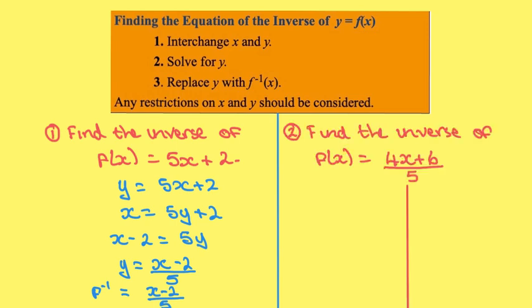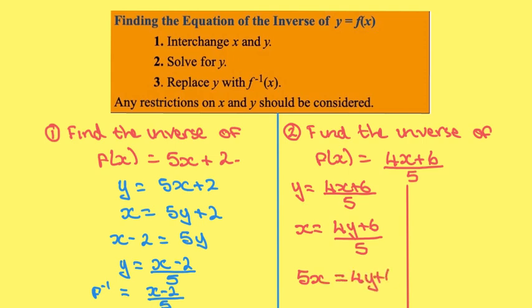Number 2, find the inverse of f of x equals 4x plus 6 divided by 5. So rewrite as y equals 4x plus 6 divided by 5. Interchange x and y, so you get x equals 4y plus 6 over 5. Solve for y, so you get 5x is equal to 4y plus 6. Therefore, you get 5x minus 6 equals 4y.